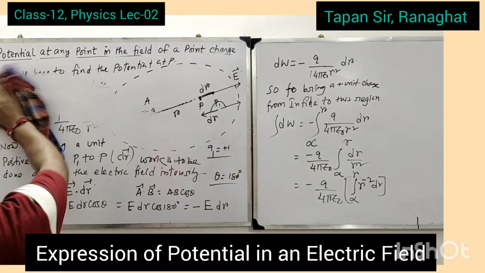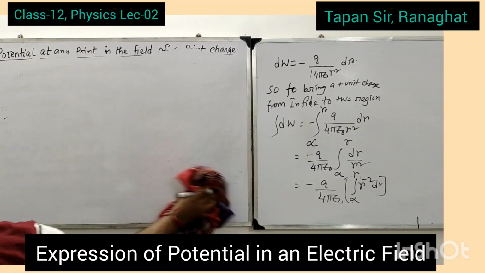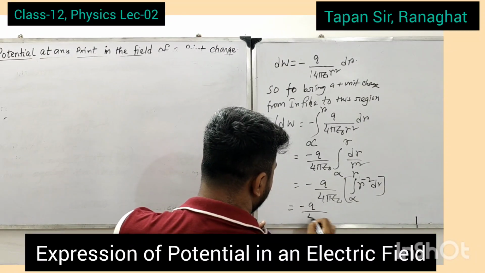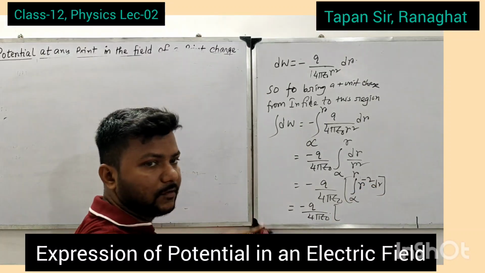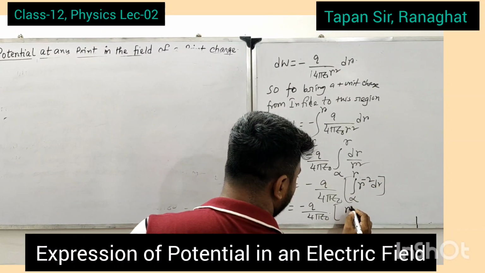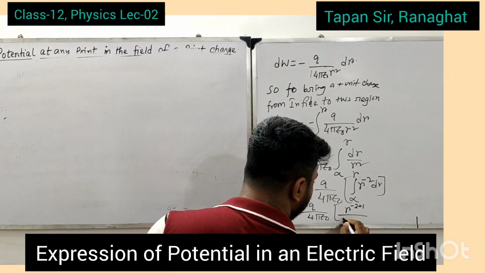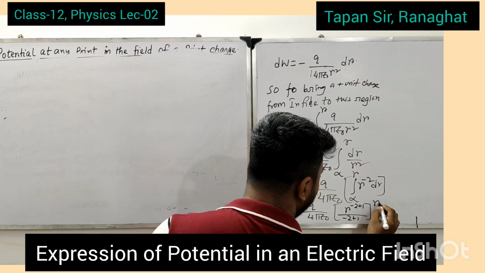Now see, if we calculate this again, minus q by 4 pi epsilon naught, this is integration, by the law of integration, r to the power minus 2 plus 1 by minus 2 plus 1, infinity to r.